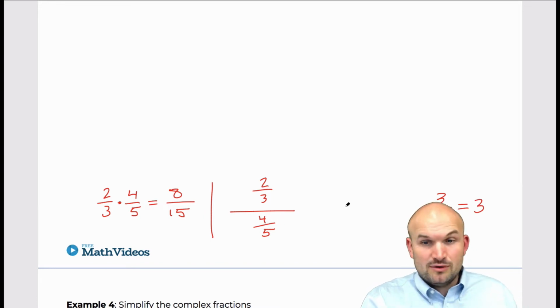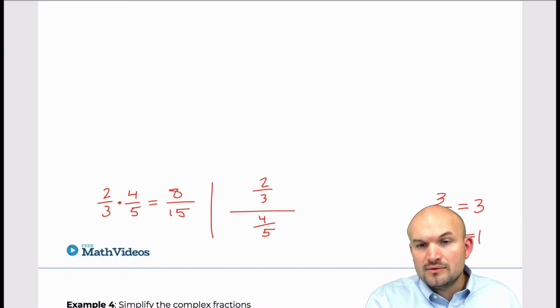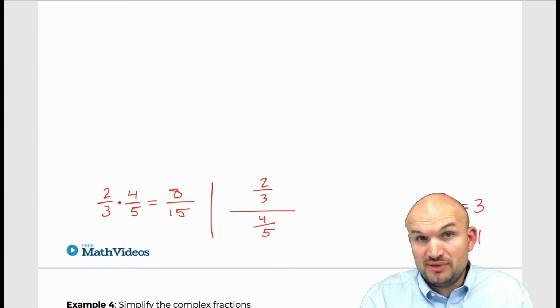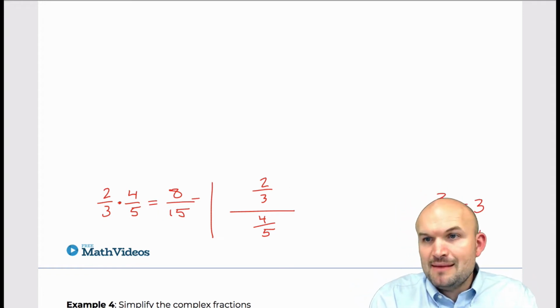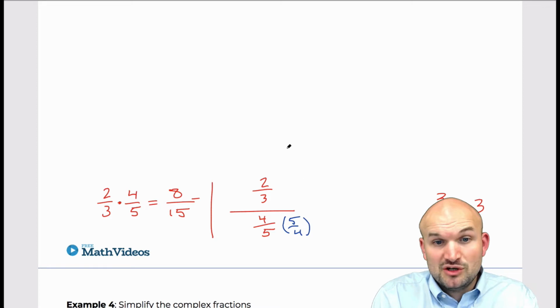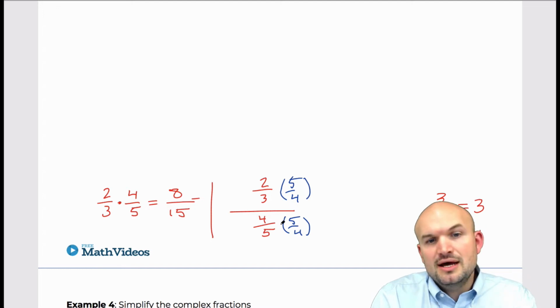So then I got to think, well, 4/5 times what equals 1, right? And hopefully you remember the reciprocal, that's what we call the multiplicative inverse. So if I multiply the denominator by 5/4, I have to multiply the numerator times 5/4, because you have to create equivalent fractions.